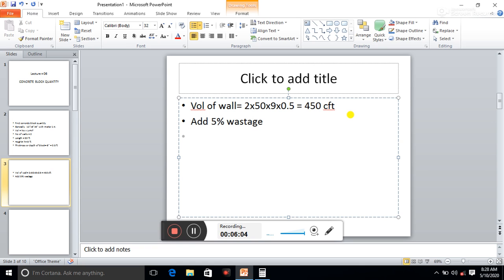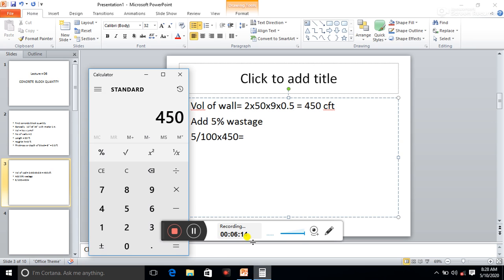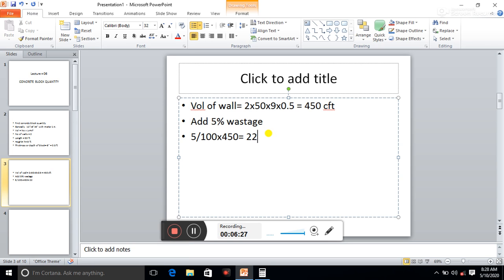So 5% means 5 divided by 100 multiplied by 450, which will give 22.5 cubic feet.